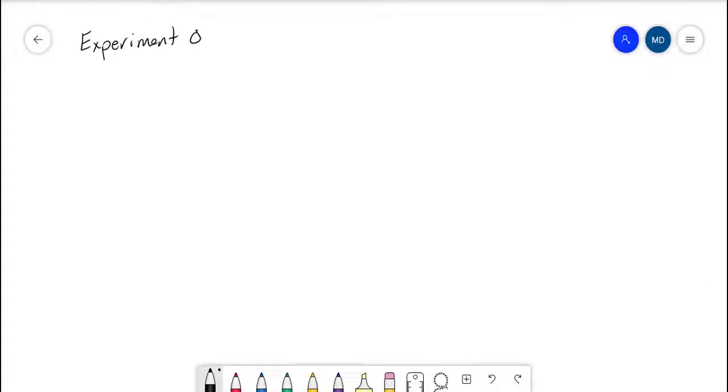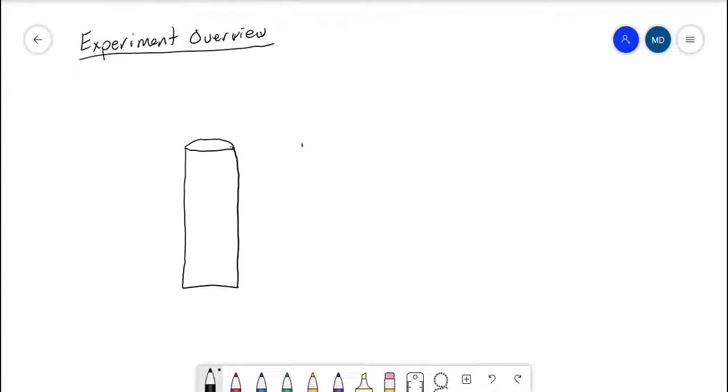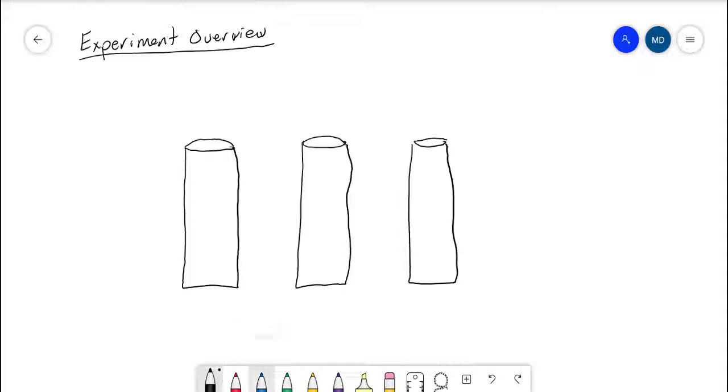Now we can get started with an overview of our second experiment. The procedure for this experiment begins at the top of page 4. To start with, we will procure 3 vials that are partially filled with agar. For those of you unfamiliar with agar, it is a gelatin-like substance, and we will be using the agar as a medium for our solutions of potassium permanganate, methyl orange, and Congo red to diffuse through.